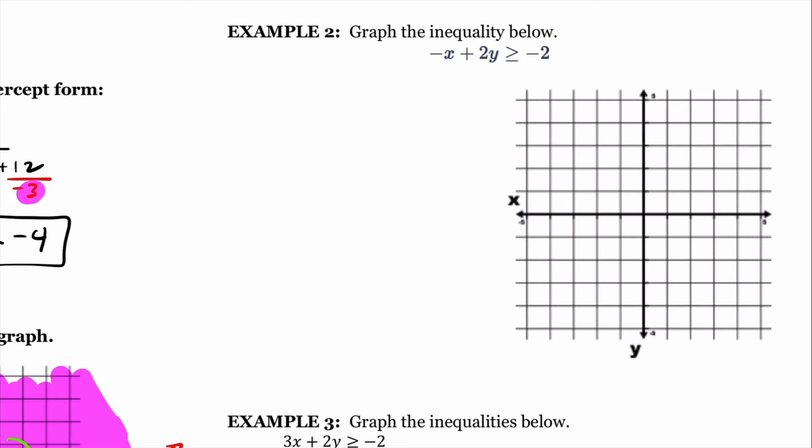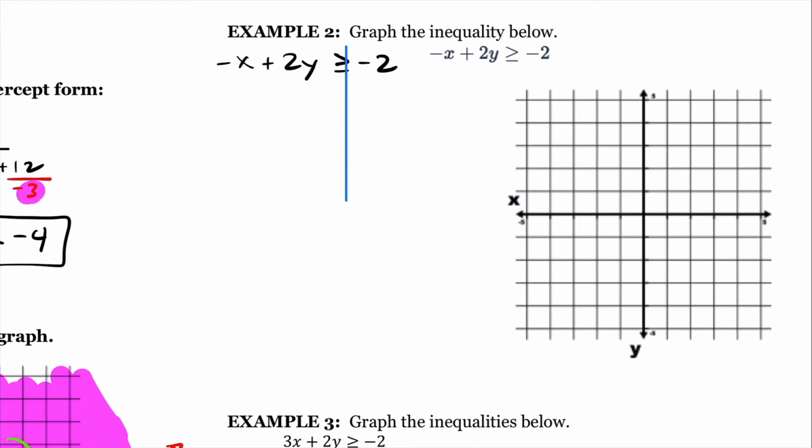Okay. So again, it has an X and it has a Y. So we got to graph it on this graph here. Isolate Y. Get Y by itself. Okay. So I'm going to rewrite this. I got to get Y by itself.